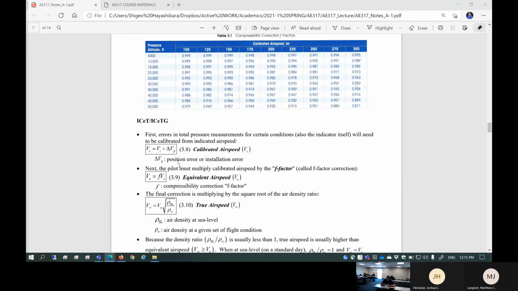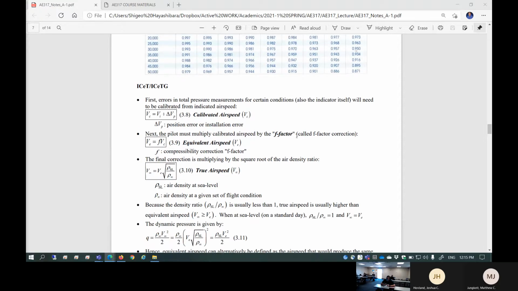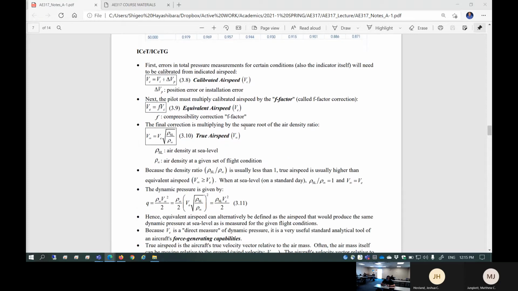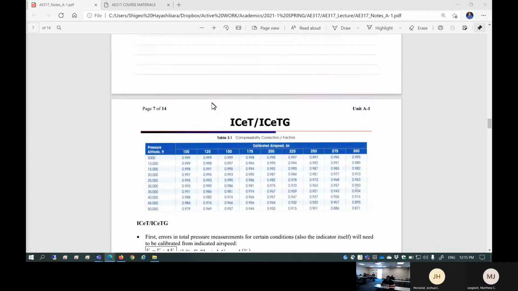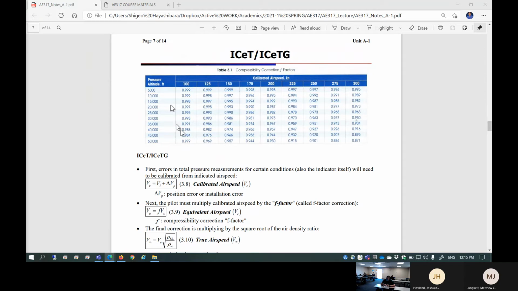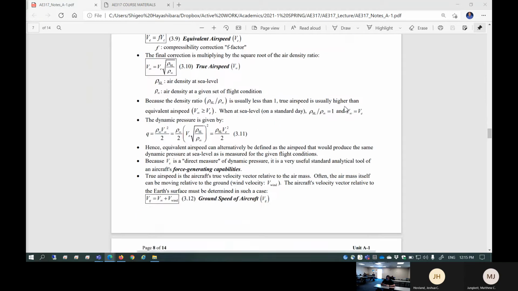Now that indicated airspeed, first of all, you need to calibrate by fixing the data of the pitot-static probe itself. This is something called position error or installation error of a pitot-static tube. The next step is you're going to multiply by the F factor to come up with the equivalent airspeed. The F factor is given here, okay? This is just a data set, something called the F factor.